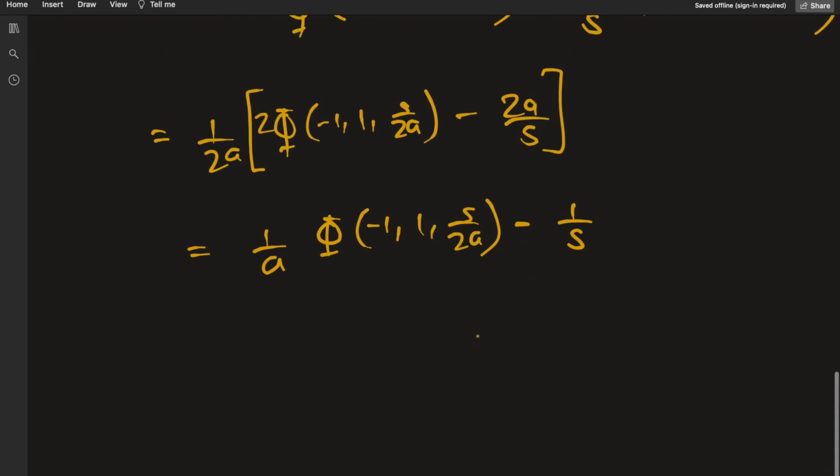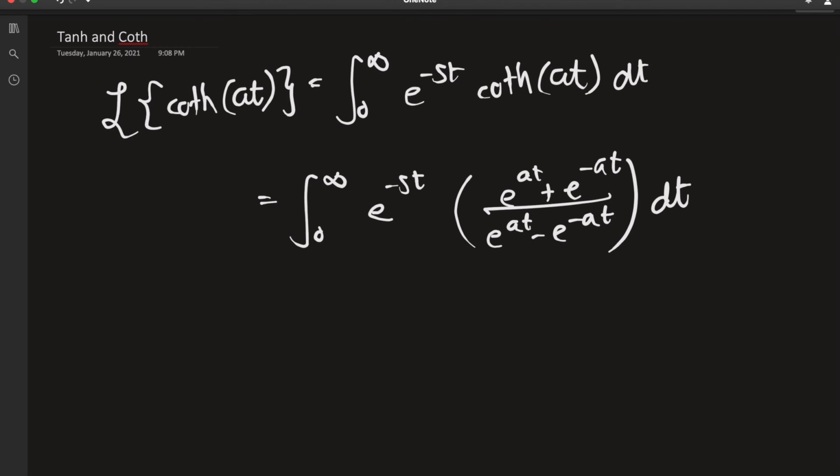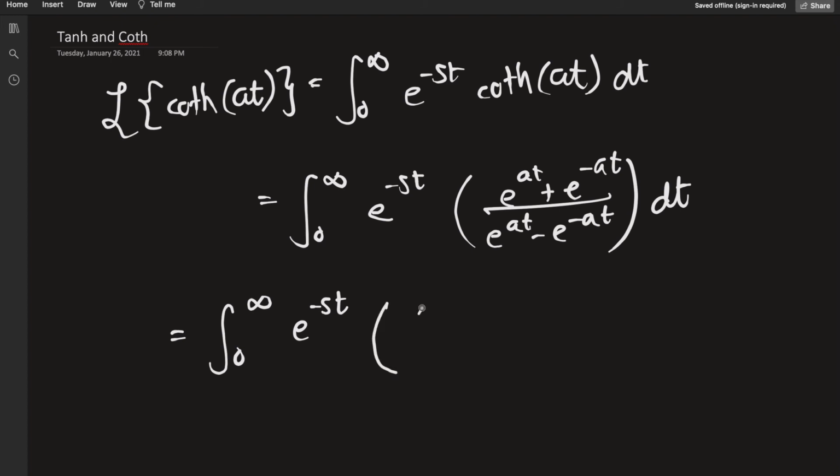Now let's look at the hyperbolic cotangent. So for the coth, I'm just writing its definition and just going to repeat the steps. I shouldn't bother with explaining, because the essential idea is the same.